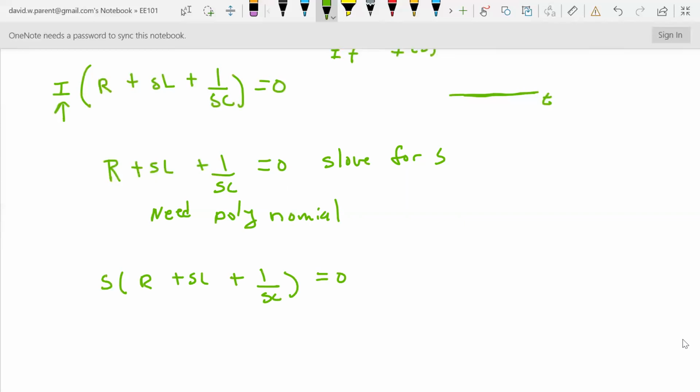And when I multiply this and get S squared times L, that'll make things a little harder. So I'm just going to multiply through by S, multiply through by L, and I'm going to get S squared plus S R over L plus 1 over LC equals 0. And then I'm just going to rearrange it to something that is easy for me to see.